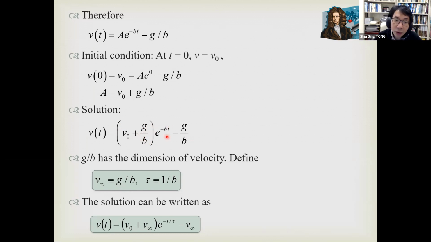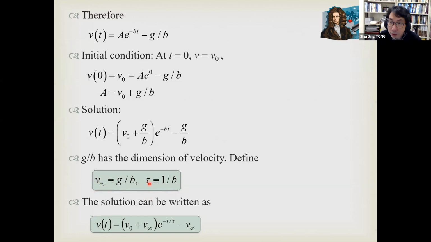Okay, so we may define g over b as a velocity we call v infinity. Now, why do we use this symbol? You know the infinity symbol is for infinitely long time or infinitely large amount of space. That's what is meant by infinity. Why do we use this symbol? We will explain it later. But we now define the g over b factor as a velocity called v infinity.